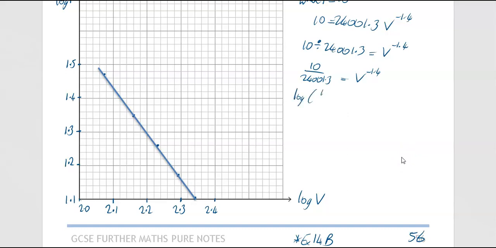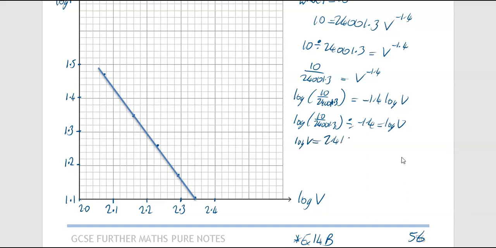So log of the 10 over 2400 1.3 is equal to minus 1.4 times log of V, and then just dividing across, you're going to have log of that thing in the bracket, 10 over 2400 1.3, divided by minus 1.4, is equal to log of V, which gives me log of V is equal to 2.414453.